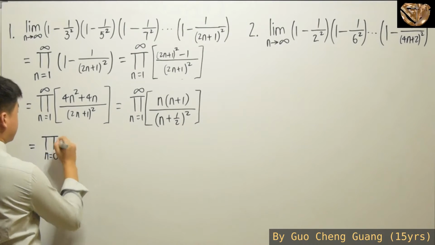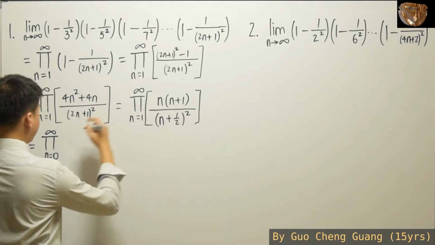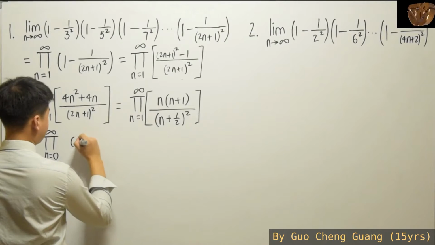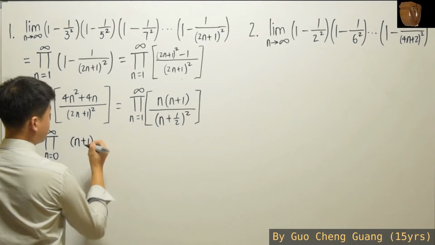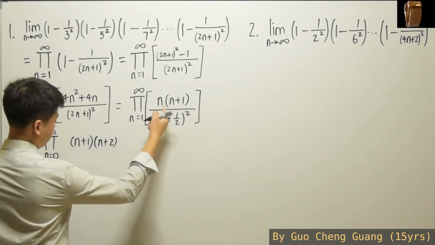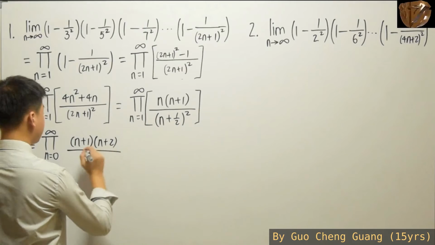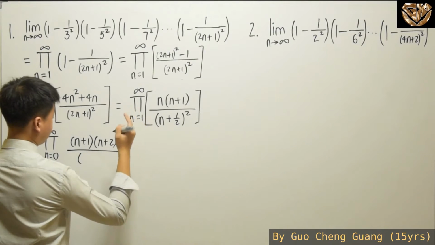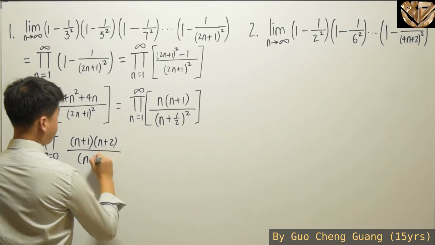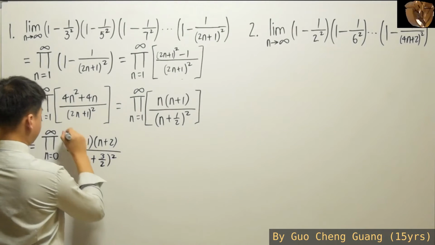When this becomes 0, your first term, that means your n, would still need to have 1. So n plus 1 would just be n plus 2. But for the part below, since you add 1, you have n plus 3 over 2 squared.